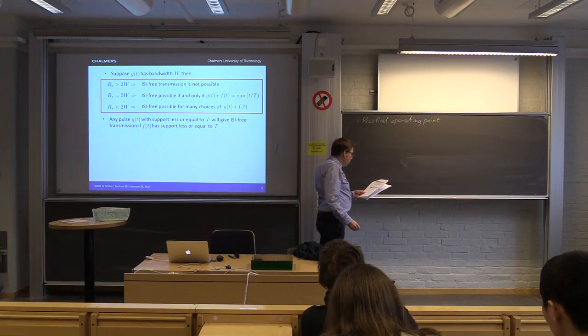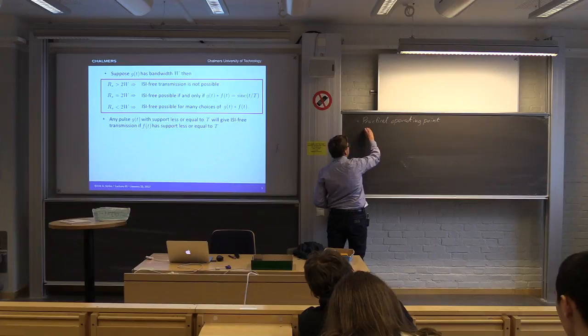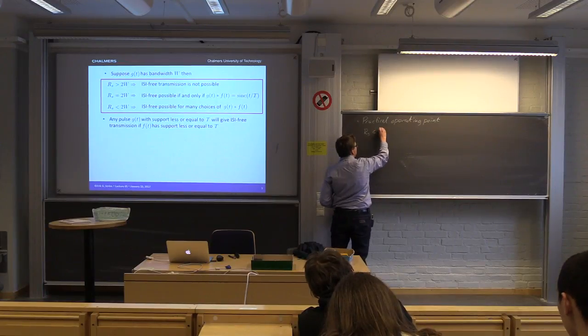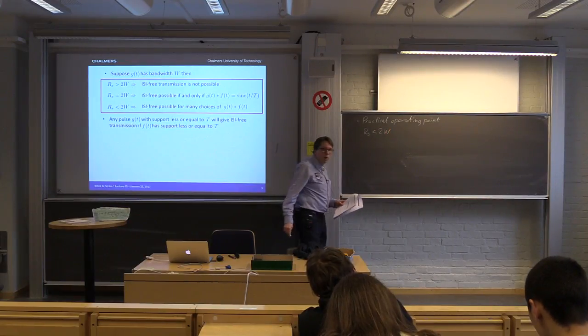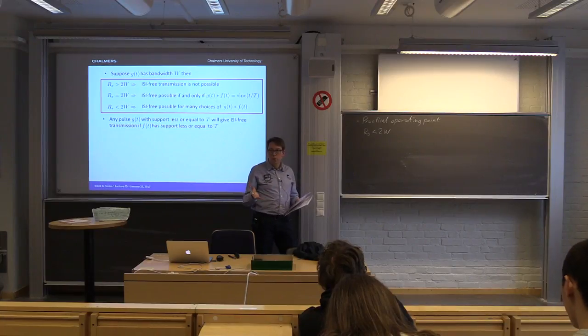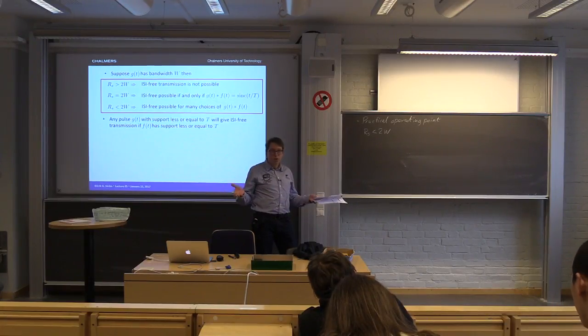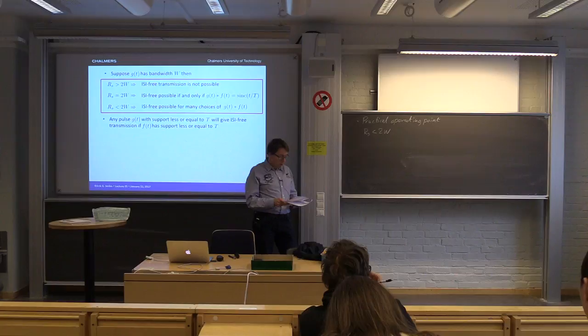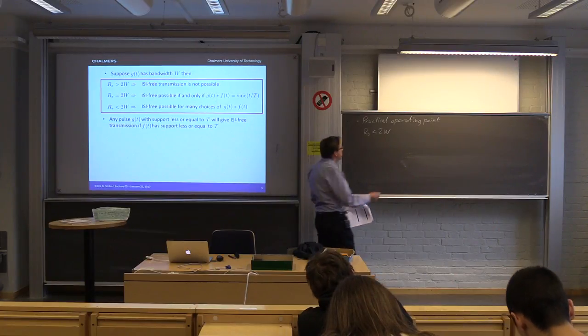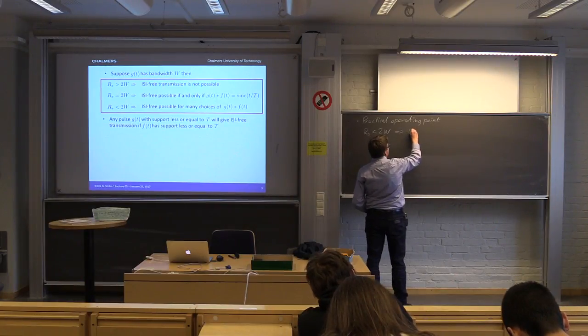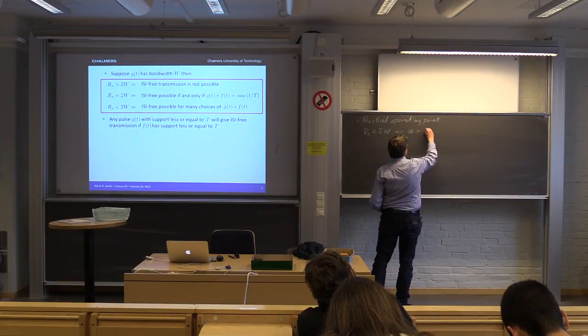Our practical operating point is then that we have the symbol rate, RS, which is less than 2W, where W is the bandwidth which is possible or desired. This means, of course, that W must be greater than RS divided by 2.